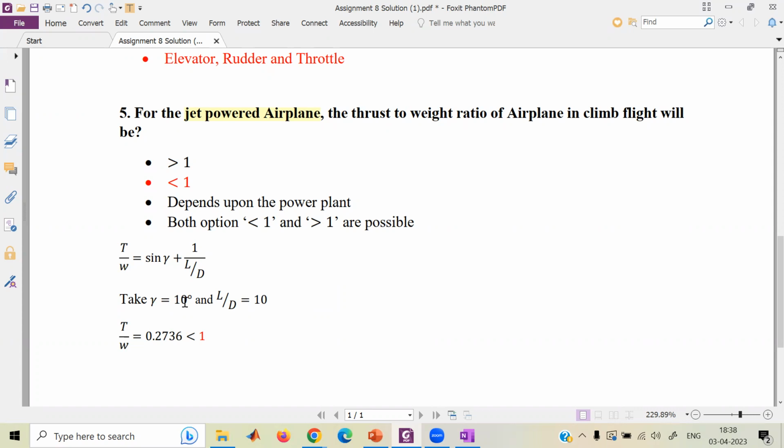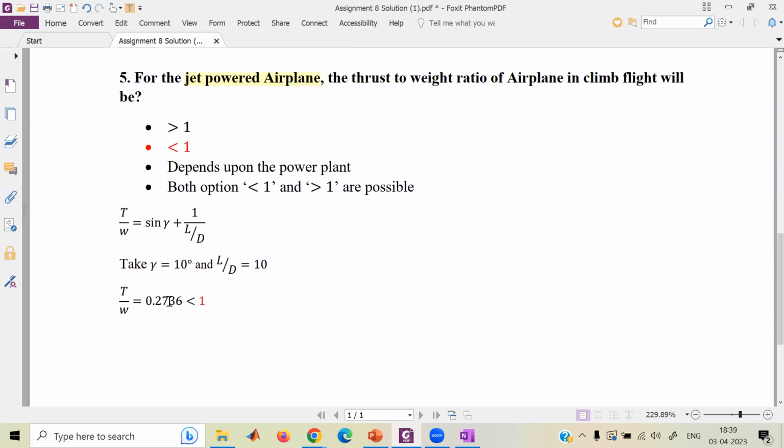So for the fourth option, both less than one and greater than one are possible, but they've considered only this, right? Yes, because they are saying gamma is 10 degrees. So for commercial airplanes, gamma should be less than or equal to 10 degrees. That's why this answer.